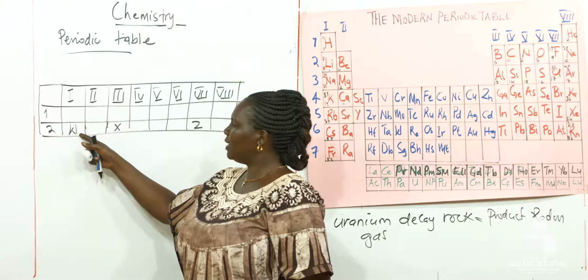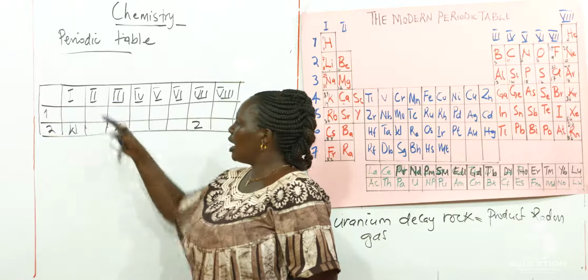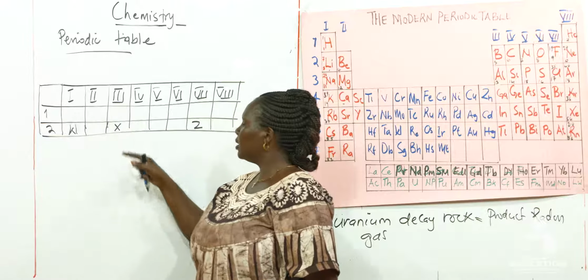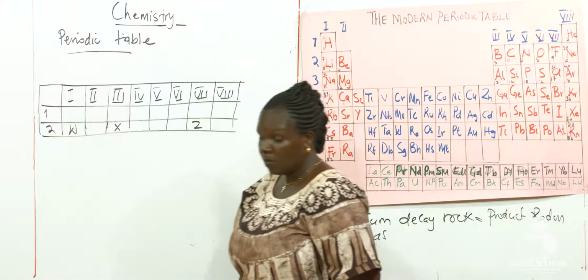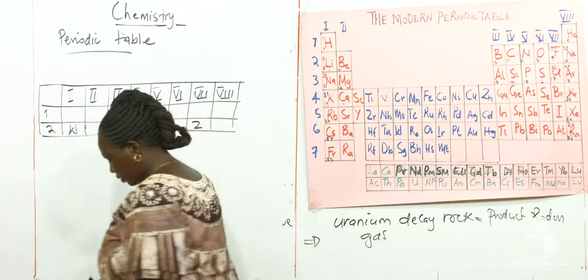We have element W in group 1, X in group 3, and Z in group 7.